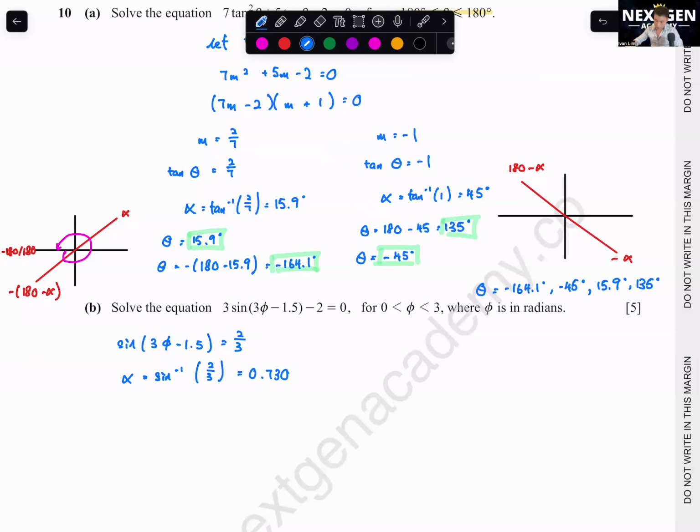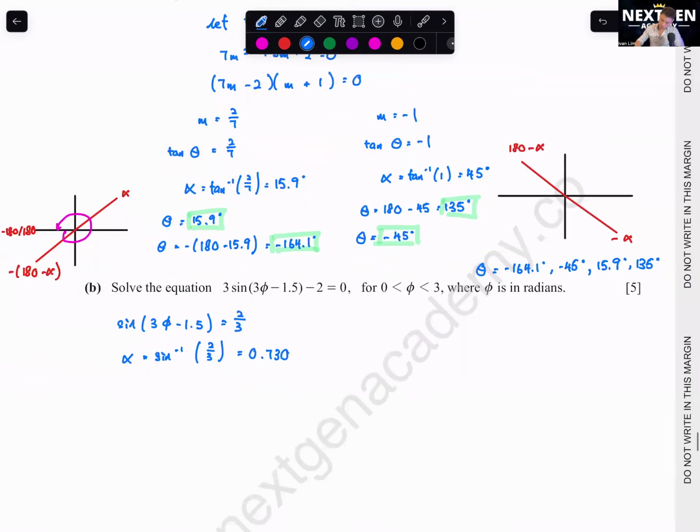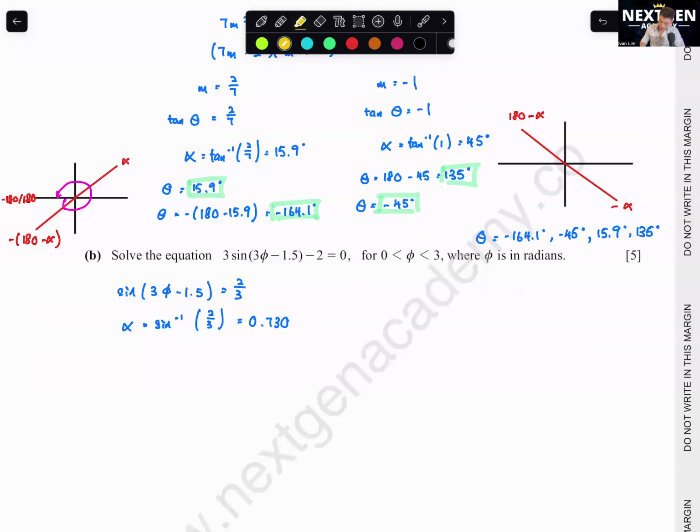Now, how do we calculate the angles, or what is the range of the angles that we want? So now the angle that we are solving is 3 phi minus 1.5. The domain that's given to us in the question is from 0 to 3 phi only. So we need to convert to this part here. Okay, so I'm going to do this at the side here.